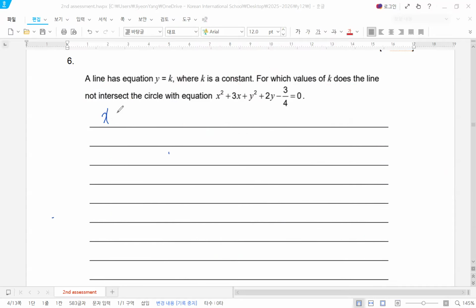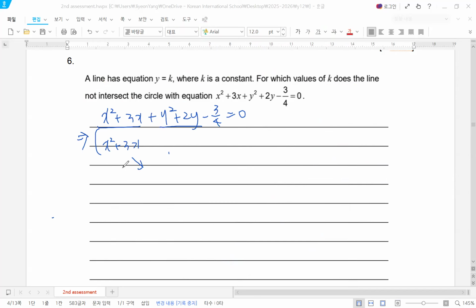So x squared plus 3x plus y squared plus 2y minus 3/4 equals 0. As you can see, this equation represents a circle. Do you understand? Students, let's complete the squares to find the original form of the circle equation. x squared plus 3x, then what's the rule?